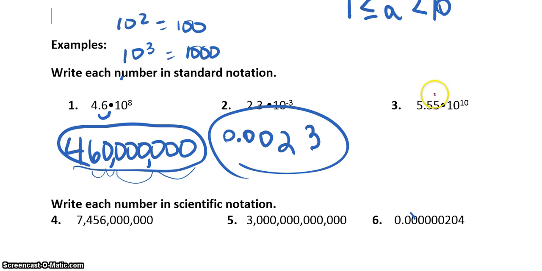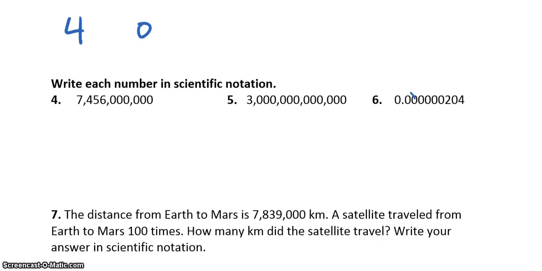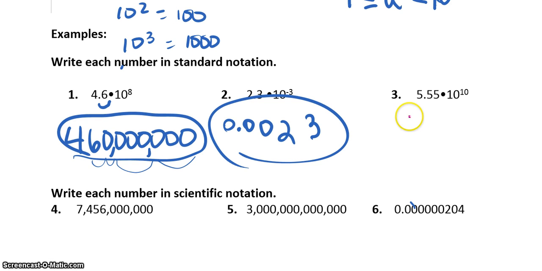Okay, number 3 then, so go ahead and try that. Okay, number 3, you should have thought about moving it 2 spaces to the right to get 5, 5, 5, and then we would need to add 8 zeros: 1, 2, 3, 4, 5, 6, 7, 8.